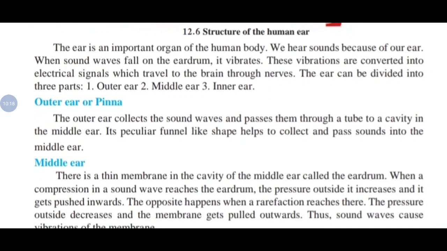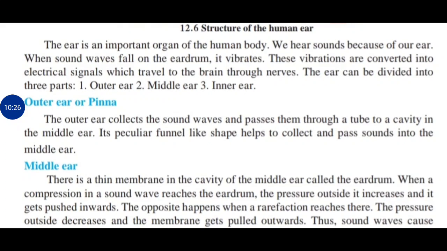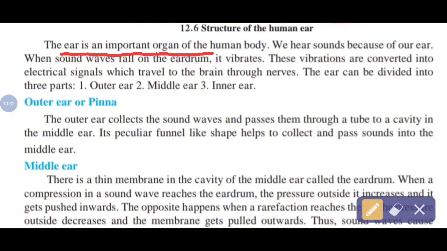Now see here, what is the explanation given related to the structure of the human ear. The ear is an important organ of the human body. We hear sounds because of our ear.